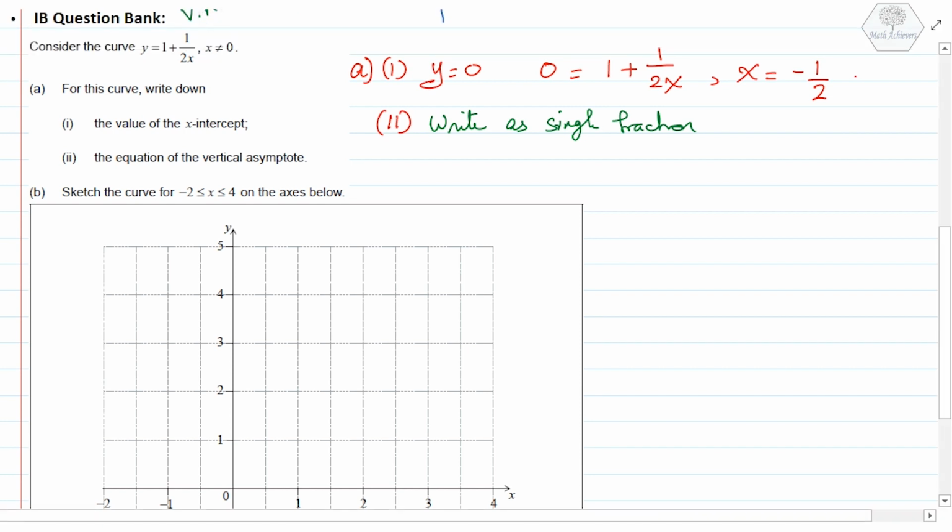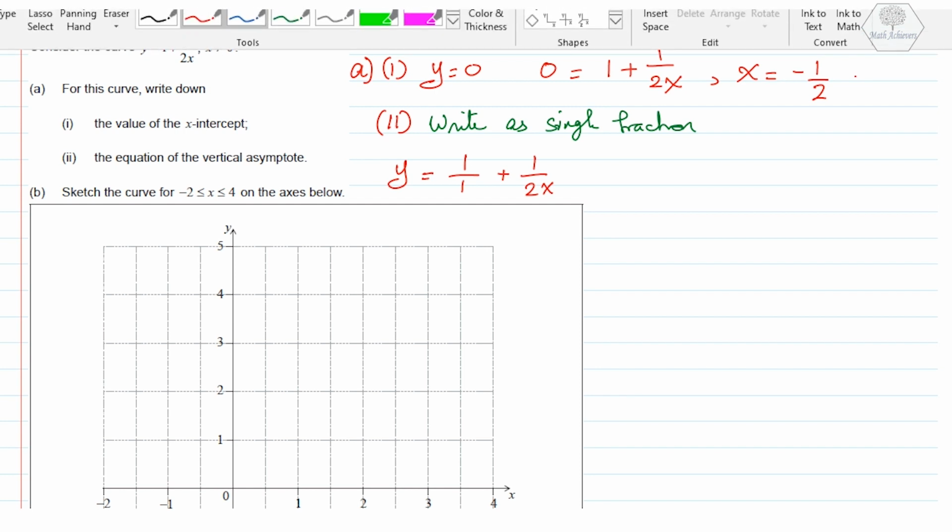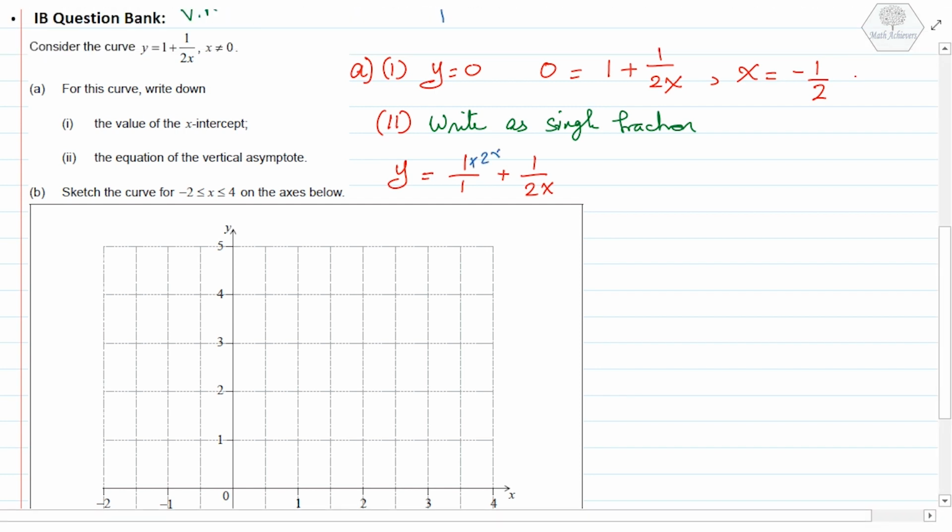I consider y equal to 1 over 1 plus 1 over 2x, so I multiply the numerator and denominator by 2x and then add them up. So I will have y equal to 2x plus 1 over 2x.